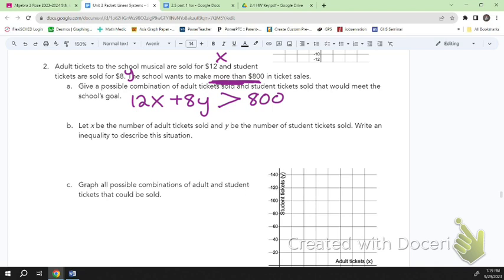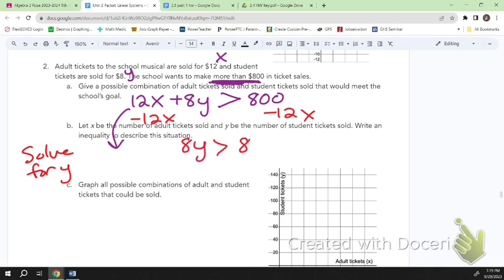Now we're going to solve this for Y. I want to get it in slope-intercept form. So I'm going to move the 12X over here. And then what's the last thing I have to do?